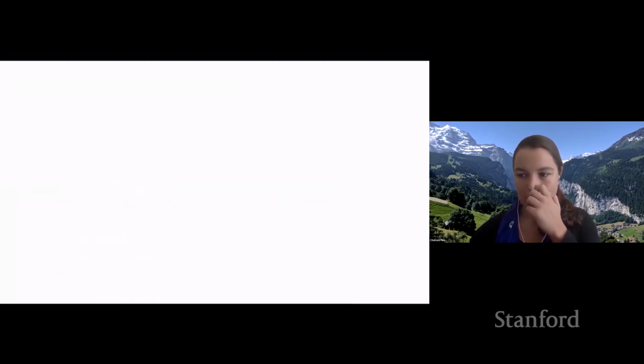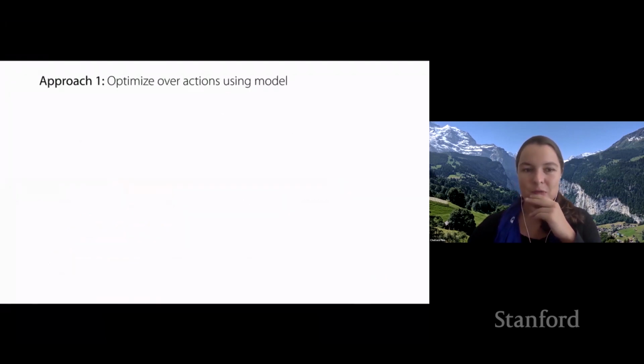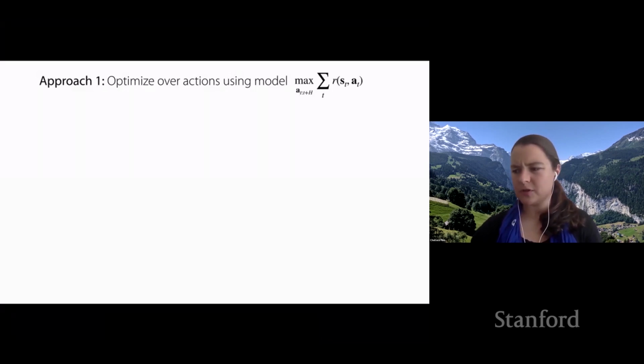Okay, so how do model-based RL algorithms work and how do they optimize these objectives? The first approach that we'll consider is optimizing over the actions using the model. There are a few different ways that we could do this. This is also referred to as planning, in the sense that you're planning a course of action using the model and the task that you want to complete.